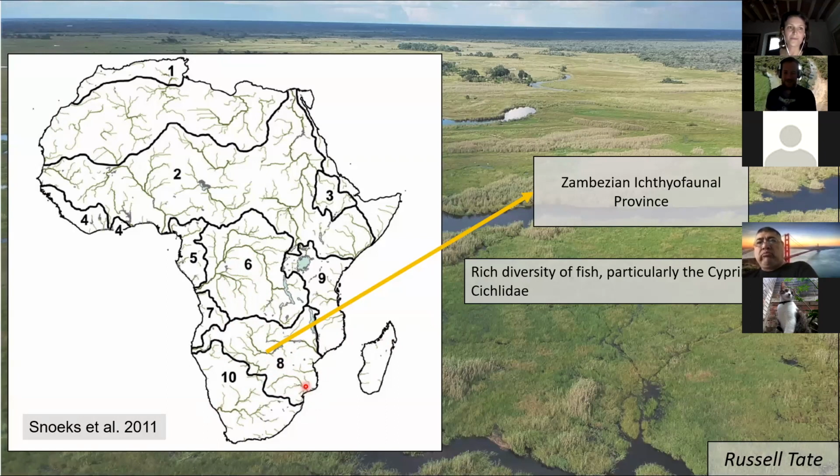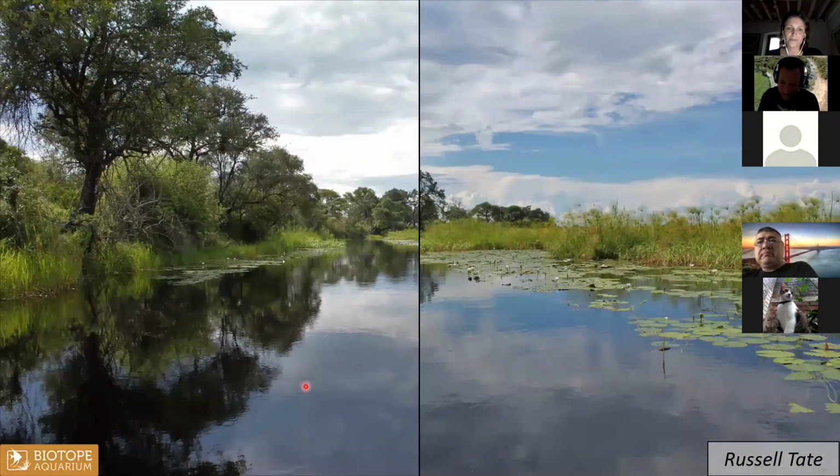In any case, this is what the main channels look like. This is during the flood period, with very deep water, but incredibly green and lush and a very clean system. That's the best way I can describe it.